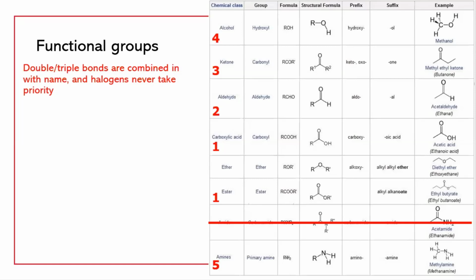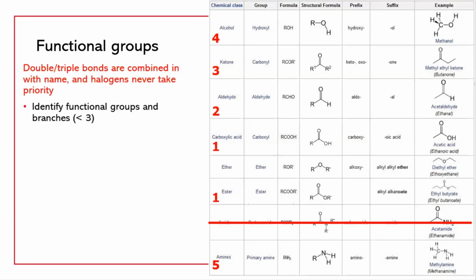So we keep the suffix of the most important thing, the -oic acid, and the prefix, like hydroxy for alcohols, is given if it's less important than other ones there. Halogens like chlorine or bromine never take priority. So it will always be chlorobutane or bromoethane.